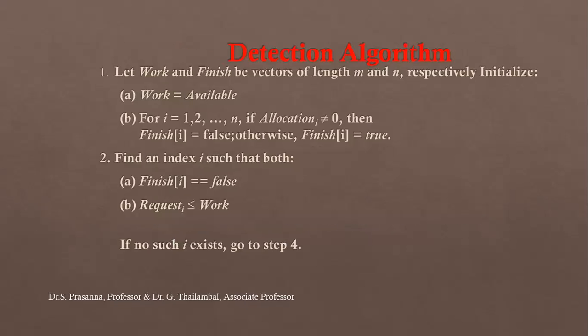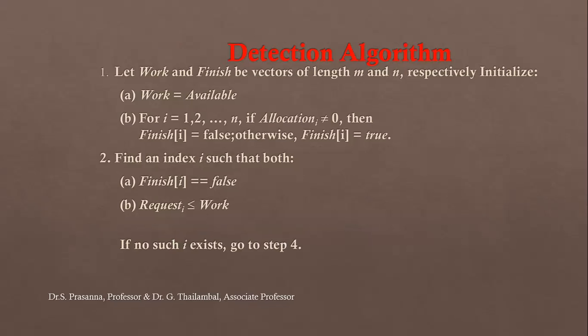So in step 2, finish of i equals false and request is less than or equal to work. Only if both conditions are satisfied will it continue to step 3. If finish of i is true for everything, it means everything is completed.